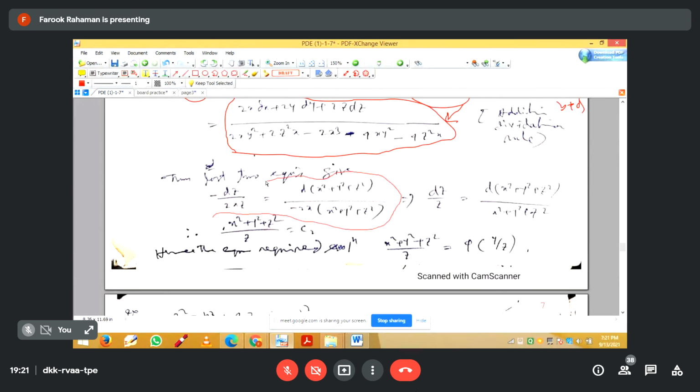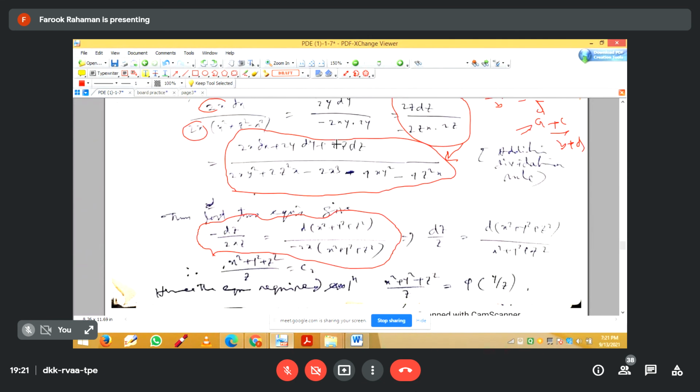Now we can easily solve, because we just take 2x common. This is d of x square, because 2x dx is d of x square, 2y dy, 2z dz. Similarly for the second term, d of y square, and so on.